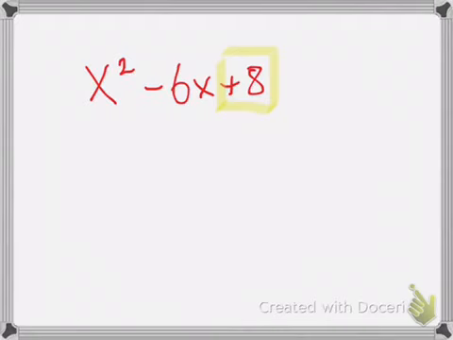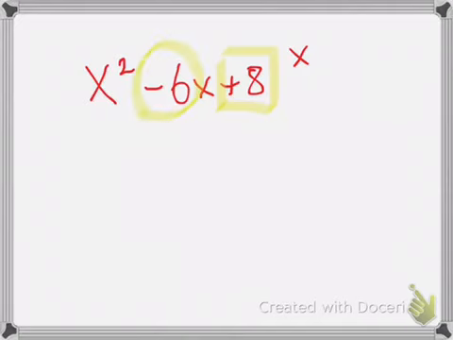Now, if you have something like this, where you've got x squared minus 6x plus 8. So again, a is just 1, so we can do it the straightforward way. We want two numbers that multiply to give you plus 8. Remember, the sign before the number belongs to that number, so that plus belongs to the 8.